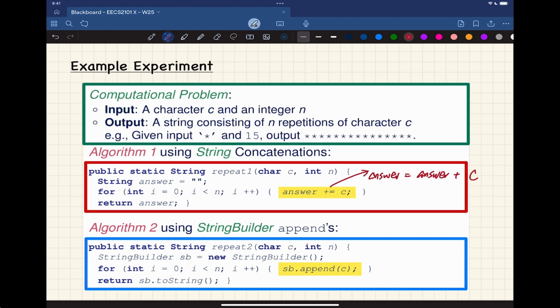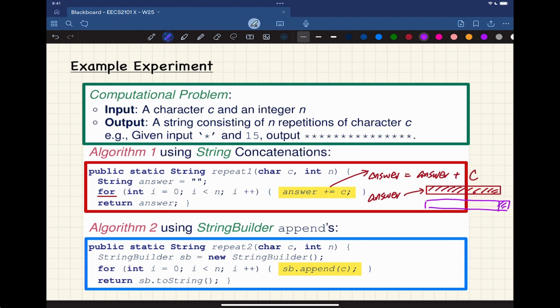In the beginning of each iteration for the loop, you see this loop over here, answer will be just pointing to some string. And the way you can think about a string is like an array of characters. Let's say this is the repetition we have got so far. In order to update the new string by another character at the end, the way to do it, like what your fellow student said accurately, you actually have to, first of all, allocate a memory, another array, that's going to be exactly one element longer.